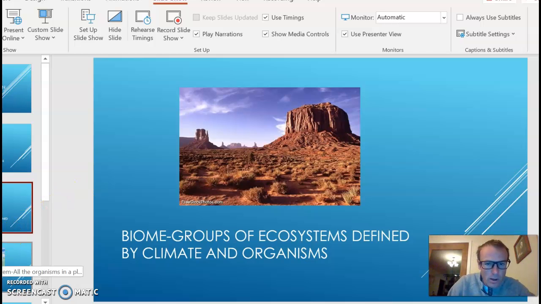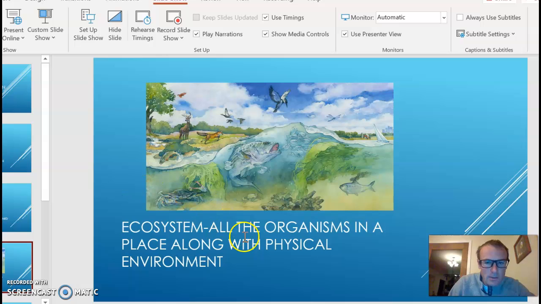Working down below biome, we get into something that you've probably heard of before, an ecosystem. So an ecosystem is all the organisms in a place along with the physical environment. So how is this different than a biome? Let's think about the South Hills of Helena as an example of an ecosystem.